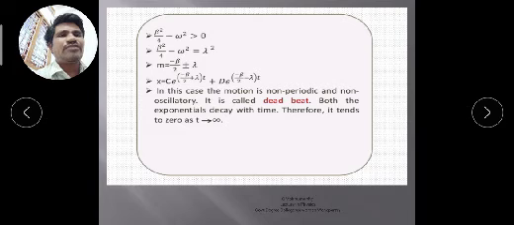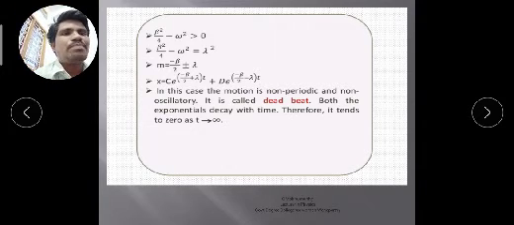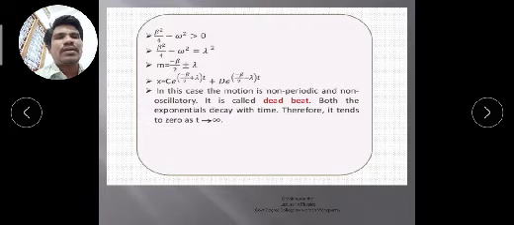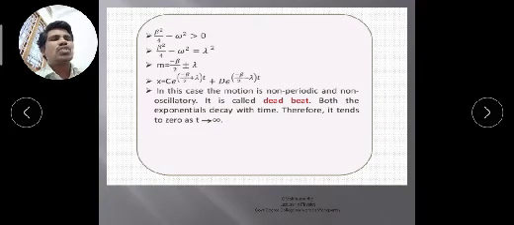Therefore we get x is equal to c e power of minus beta by 2 plus lambda times t plus d e power of minus beta by 2 minus lambda times t. In this case the motion is non-periodic and non-oscillatory, so it is called dead beat. Both exponentials decay with time, so it tends to 0 as t tends to infinity.